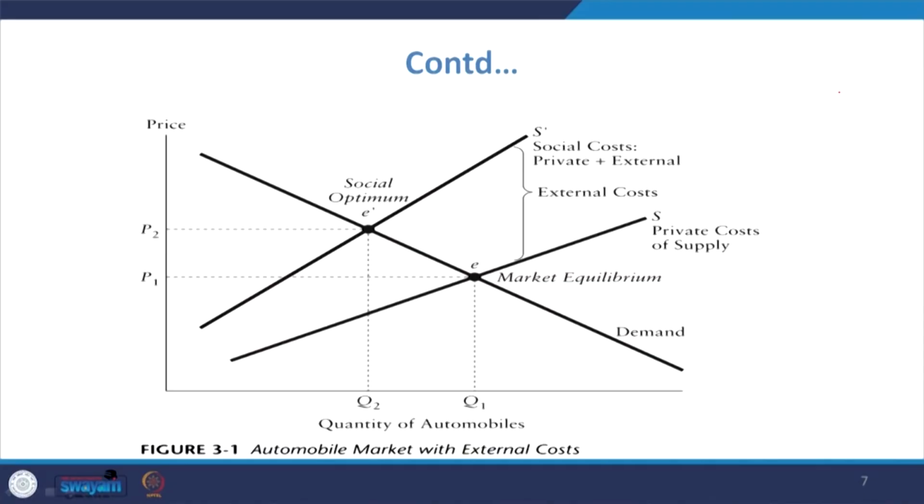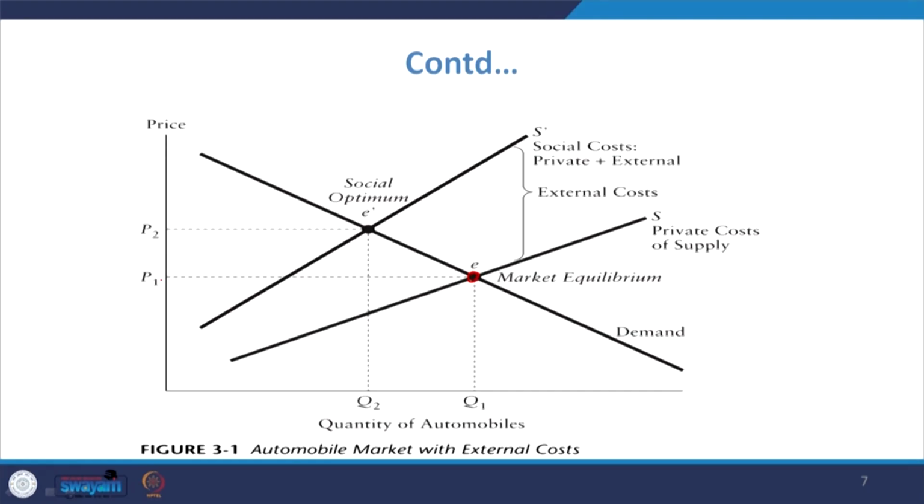So, that is what you can see from these graphs, the same thing which I already explained to you. We have a demand curve, we have a supply curve. Market equilibrium is achieved at the point where supply and demand curves intersect each other, and market price is OP1.